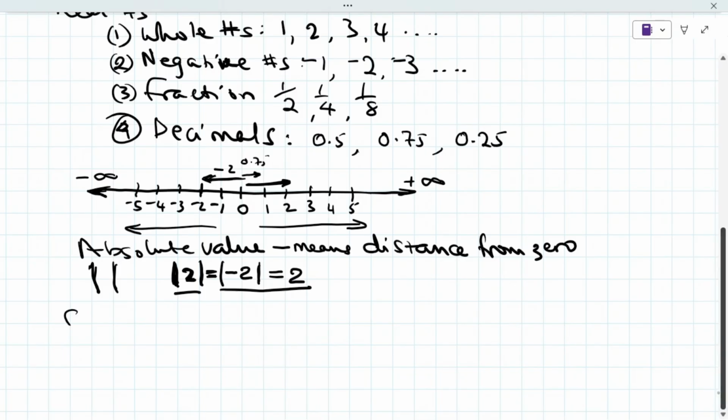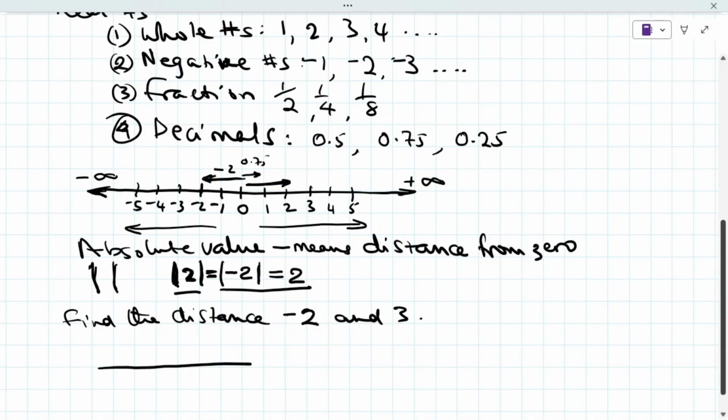Now, let's suppose we had a question that says find the distance between -2 and 3. Now we have our number line, and it is centered at 0, and we have 1, 2, 3, 4, 5.